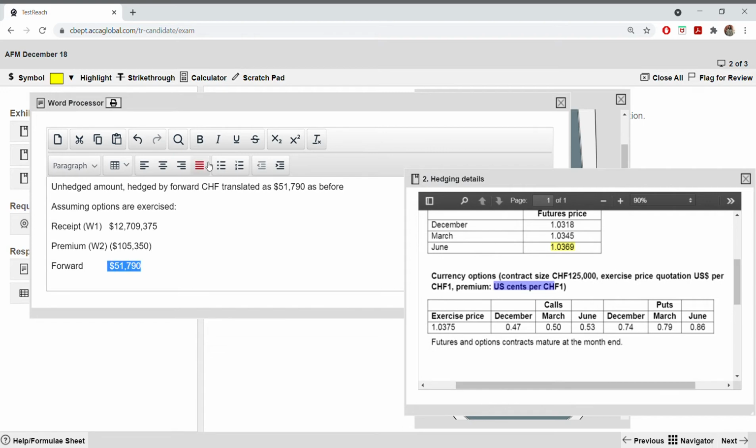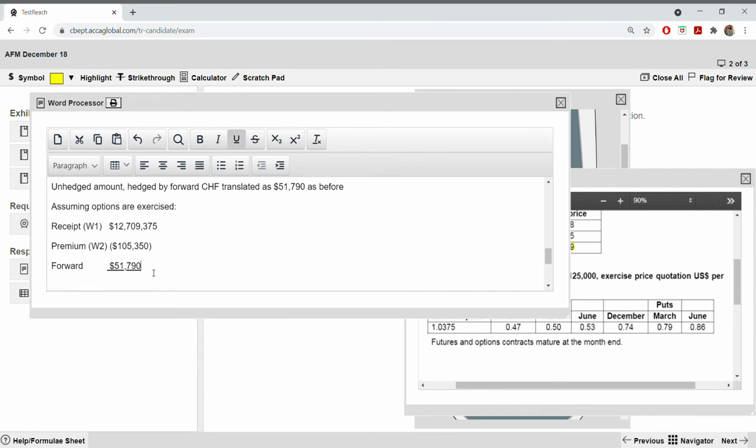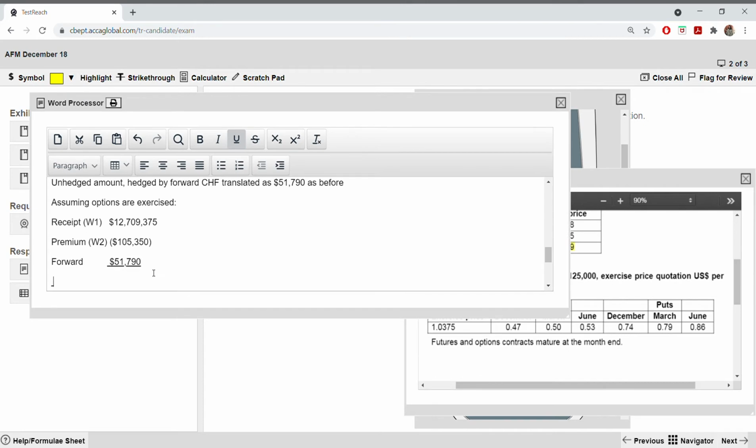Now underline, and you have to remove your underline before you press the space bar. Each time you don't have to put a dollar, you can just put the dollar sign on top and then just write the number. So it will be 12,655,815.